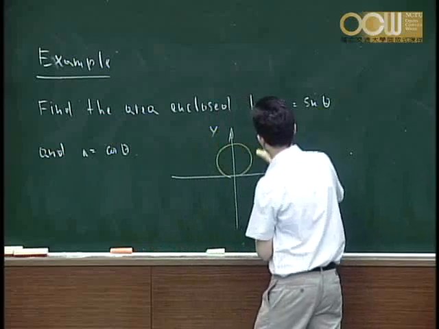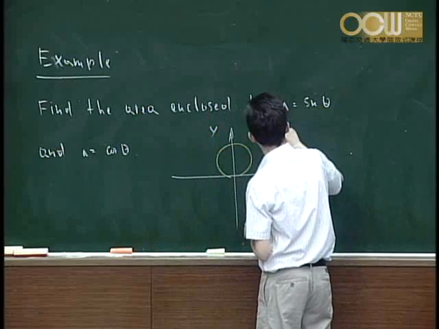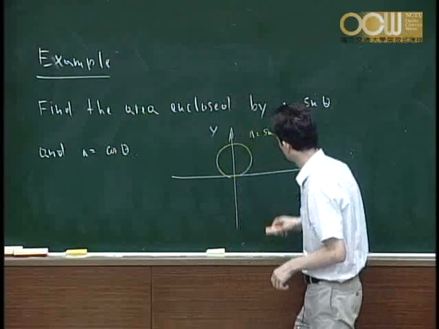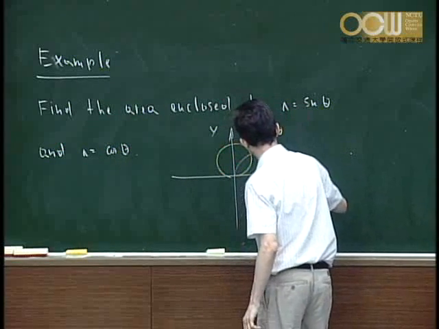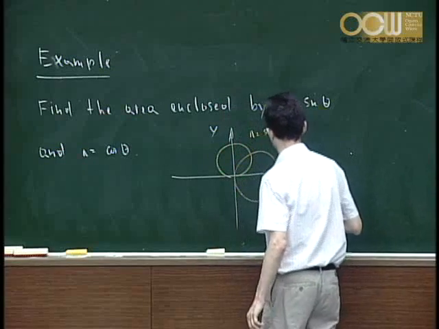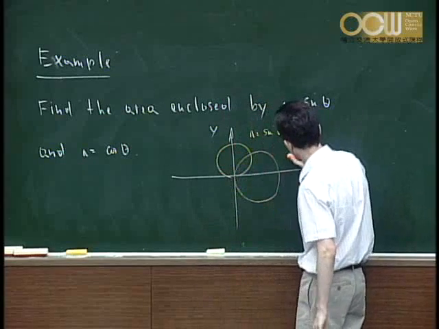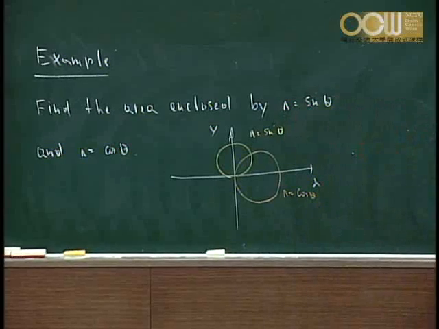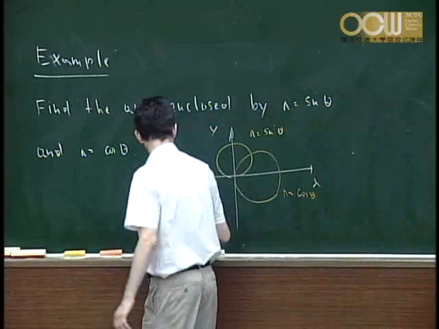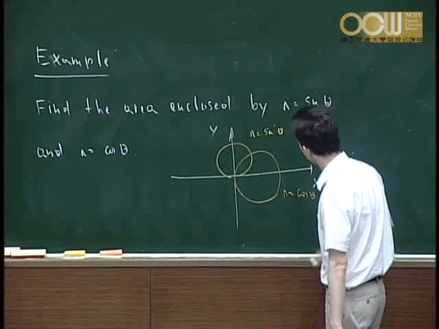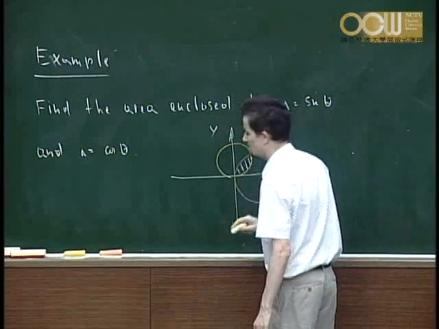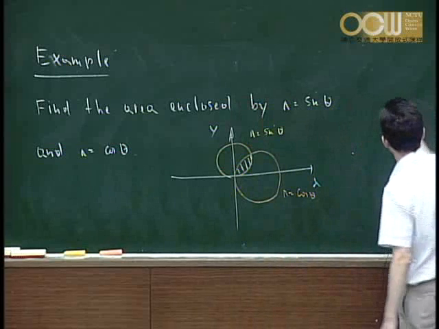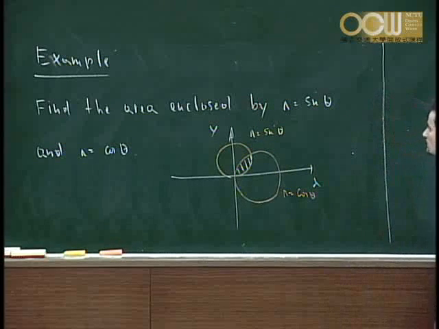So this is r equals sine of theta, and for cosine of theta, it's similar, but the circle is like this here. It should be the same size. So the common region is this one. And you should use a double integral to find it.